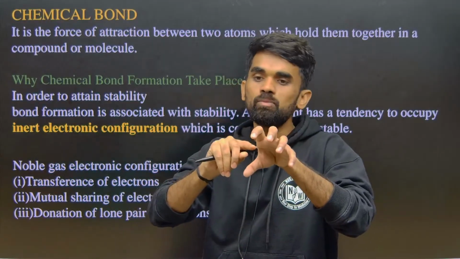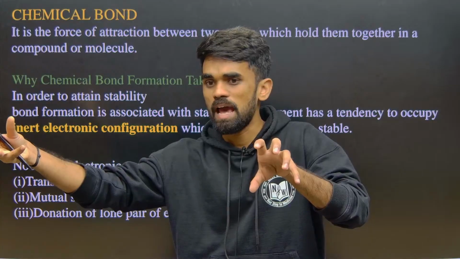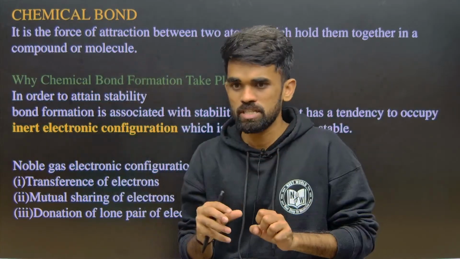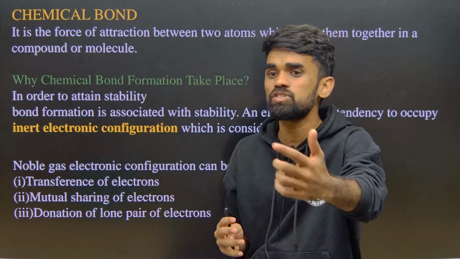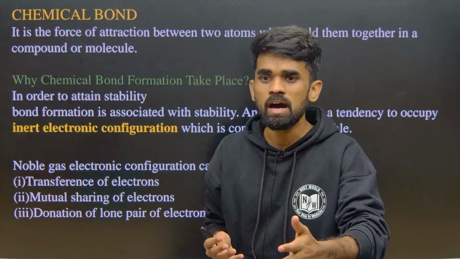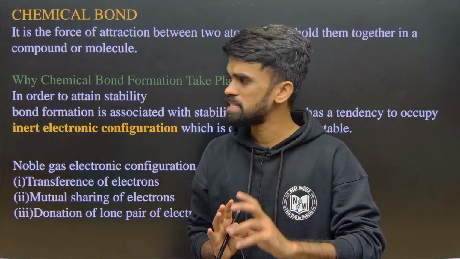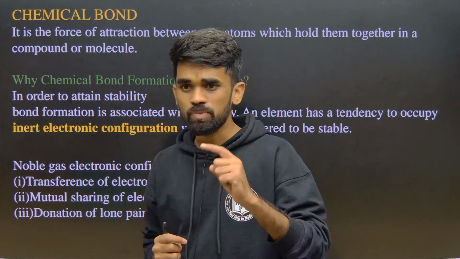When an atom loses an electron, it forms a cation. When an atom gains an electron, it forms an anion. Between this cation and this anion there is a force of attraction, because opposite charges attract. That results in one type of bonding, which is ionic bonding. Between two ions we have ionic bonding. We can say simply it is an electrostatic force of attraction.